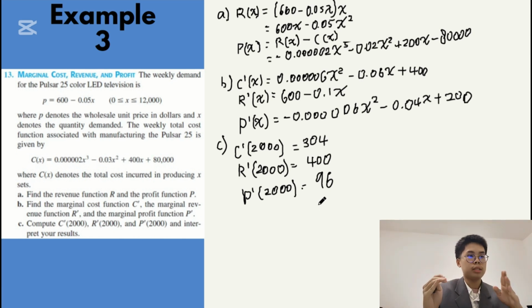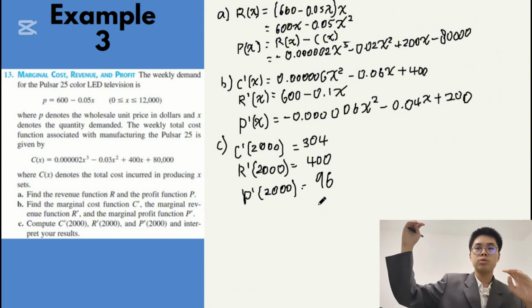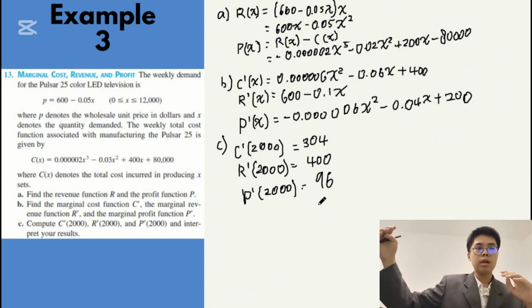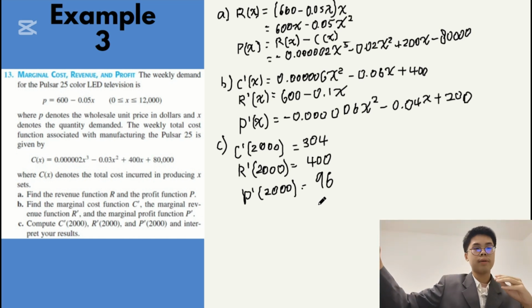What we can interpret from this result is that the additional cost for producing one more product is $304, the additional revenue from producing one more product is $400, and the profit will increase by $96 if you produce one more product. That means the 2001st product.